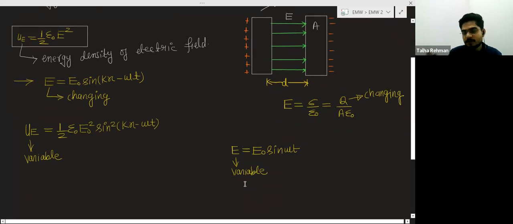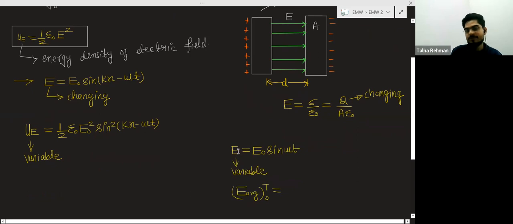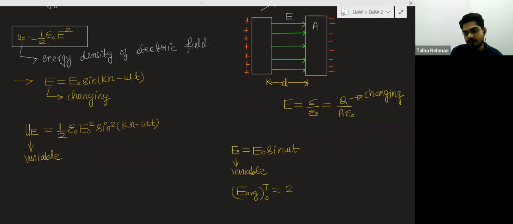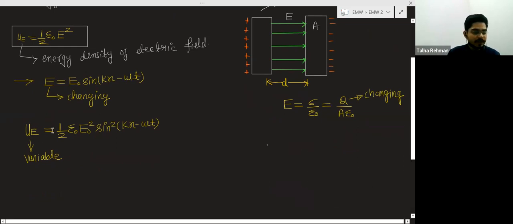So in that case, we calculated the average value of the EMF, and we got 2 E naught divided by pi. If something is changing with time, we basically calculate the average value. So for this also we will calculate the average value.